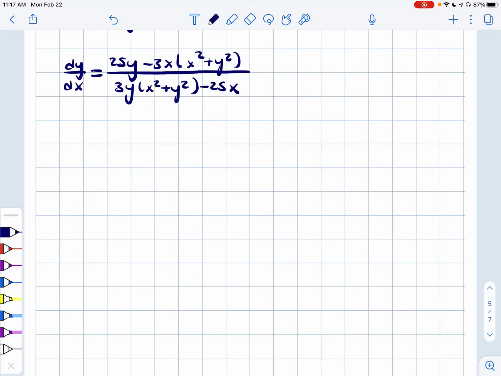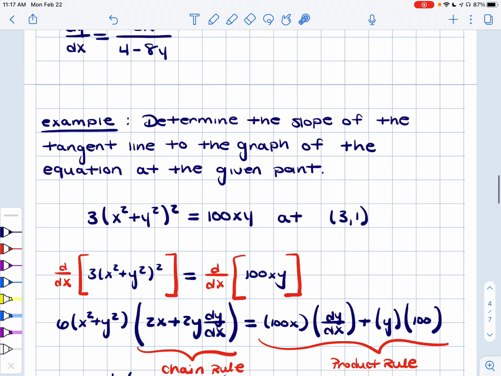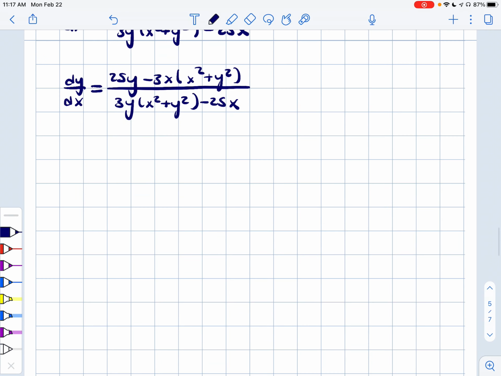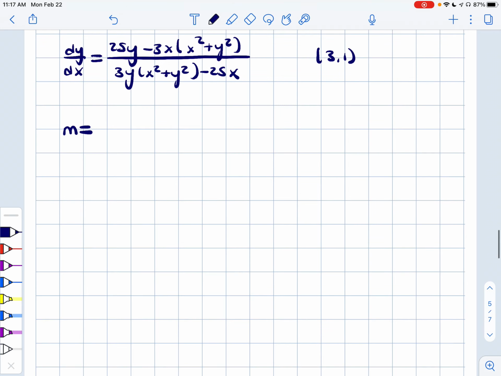Now remember, the actual question in this example was to find the slope of the tangent line at the point 3, 1. So we're looking at this point 3, 1, and we want to find the slope, which is just the value of the derivative at the given point. So we're just going to plug in our point now.